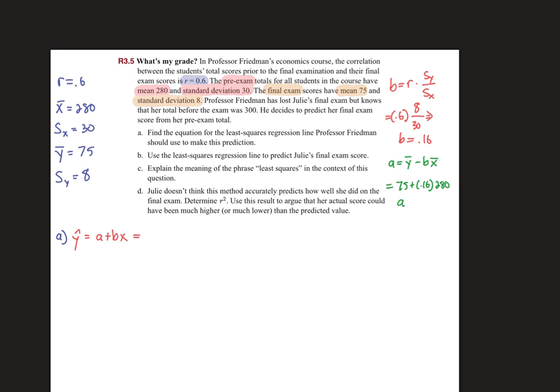Simplify that in a calculator, and a is 30.2. So now we've got our a value and our b value, and now we can just substitute them into our equation.